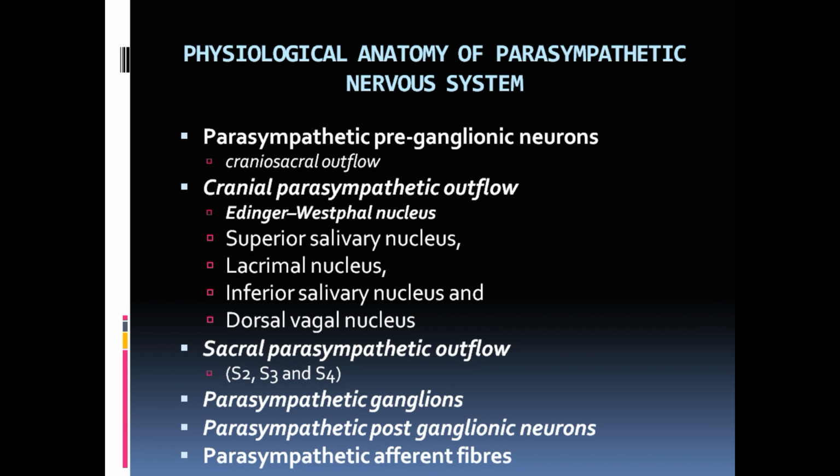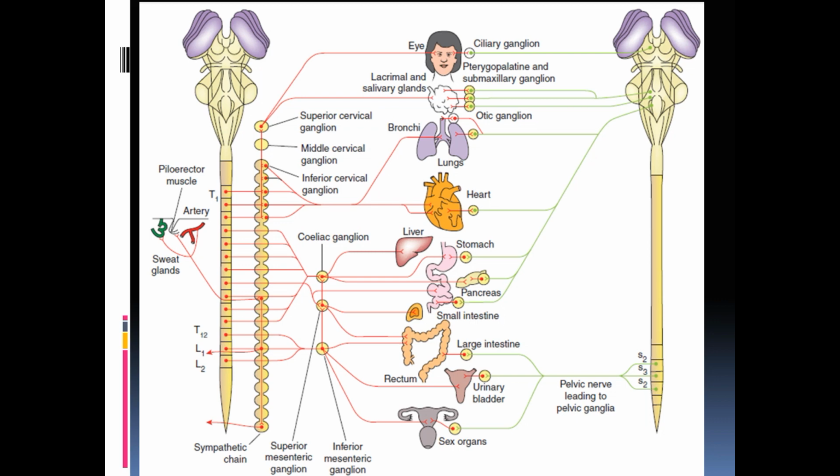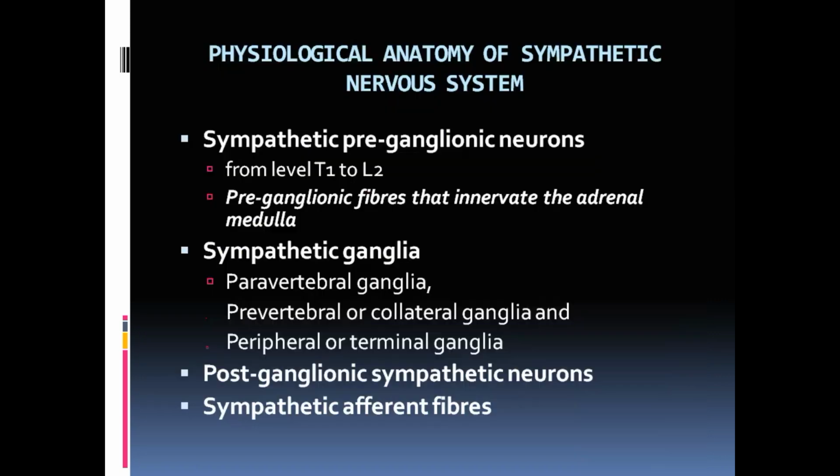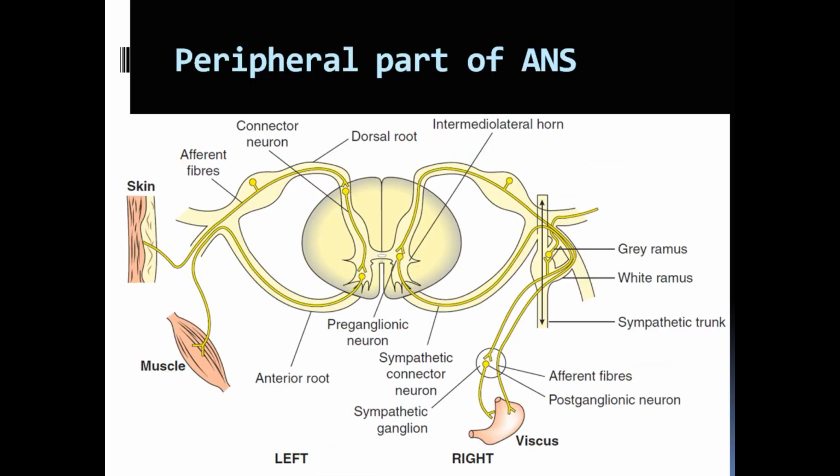Then coming to the parasympathetic afferent fibers. The afferent fibers of the parasympathetic nervous system are similar to the afferent fibers of the sympathetic nervous system. As we can see, the same course is followed, and the afferent fibers are the fibers from the dorsal root ganglion which then synapse with the preganglionic neurons in either the spinal cord or in the nucleus of the cranial nerves.